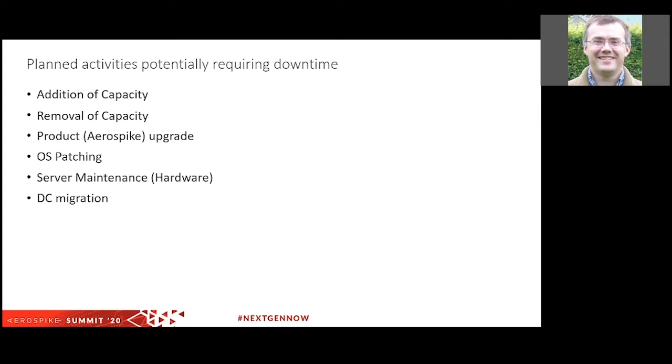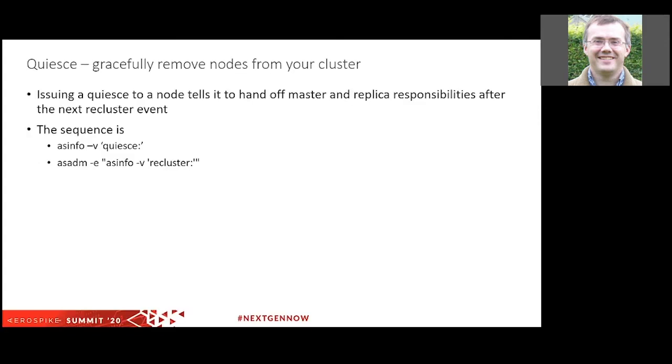Addition of capacity, removal of capacity, product, that is Aerospike upgrade, operating system patching, server maintenance, cluster migration. With Aerospike, you can do all these things without your users ever noticing and without introducing risk if you do it the right way.